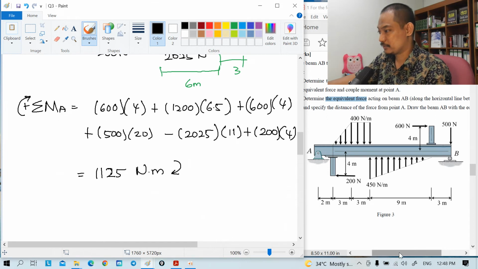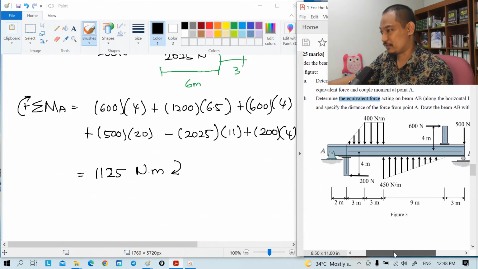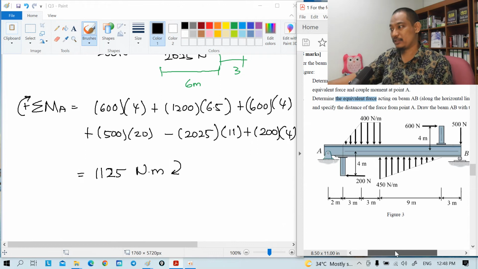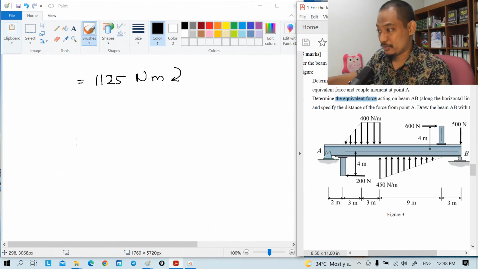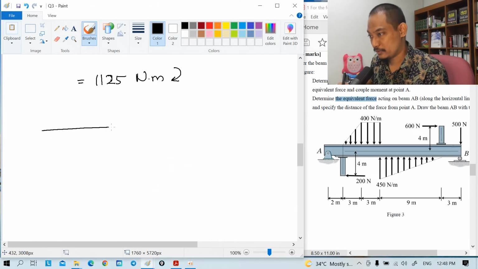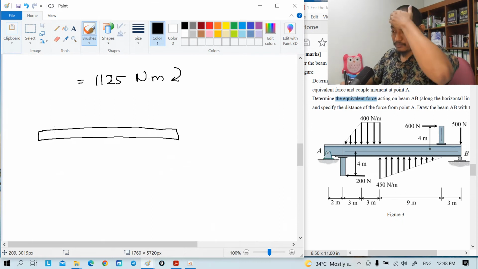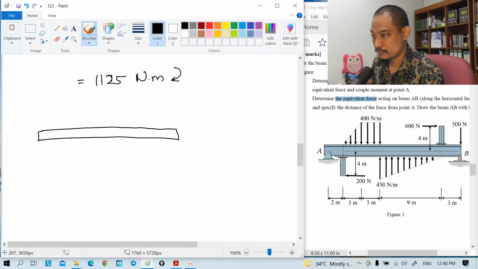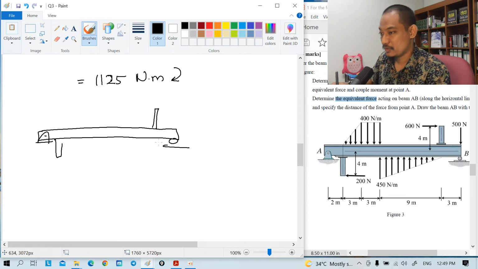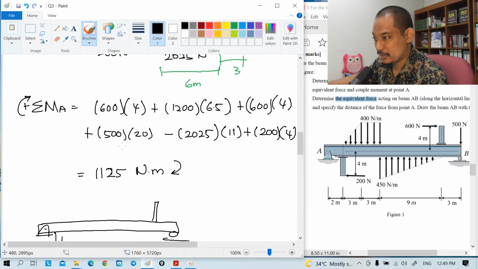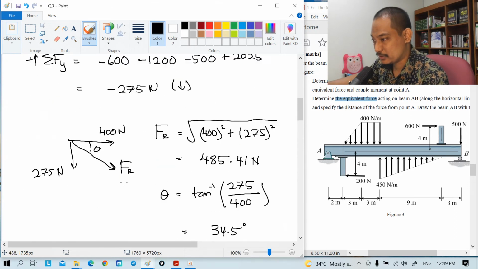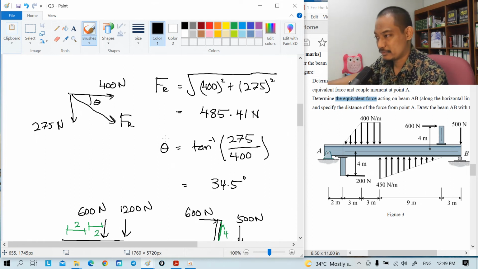Draw the beam AB with the equivalent force and couple moment at point A. Alright, so of course we have all of this, right? But the equivalent force, okay, what is the direction and the force? So it is like this, right? 485 in this direction, 485.4.